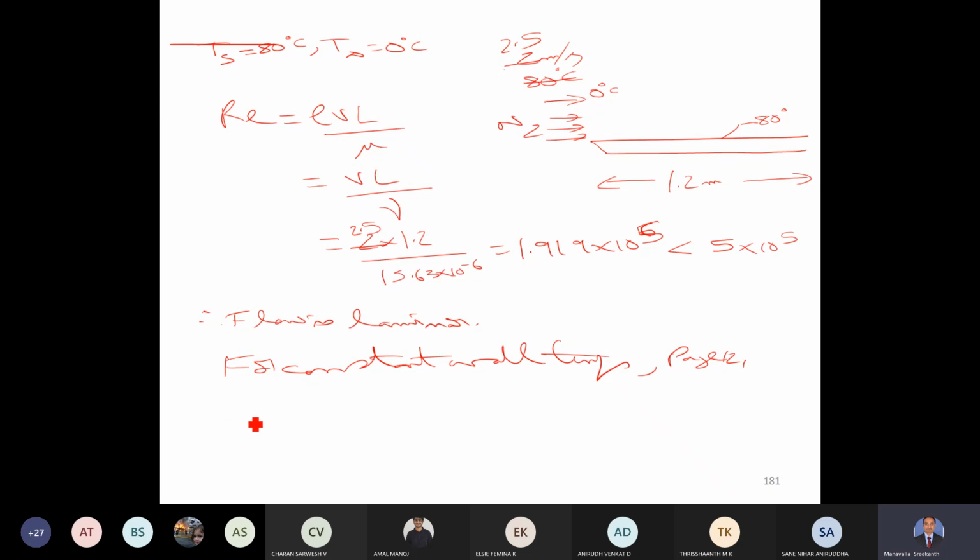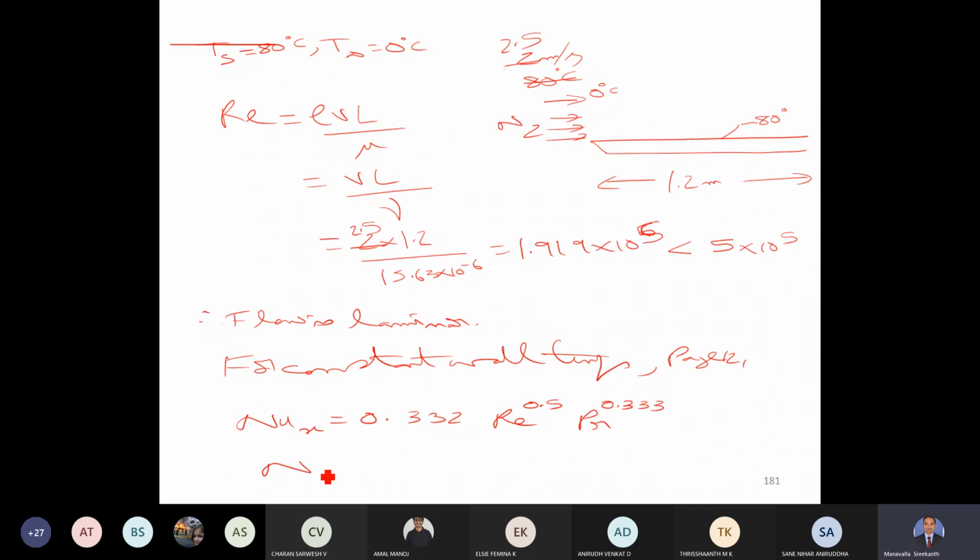It's given as the local Nusselt number is equal to 0.332 multiplied by Reynolds power 0.5 and Prandtl power 0.333. So this gives the local Nusselt number.